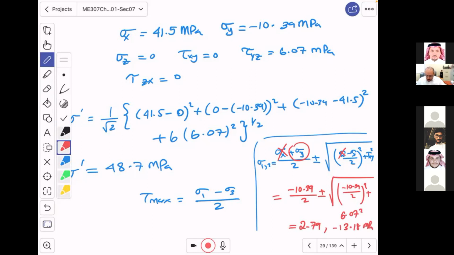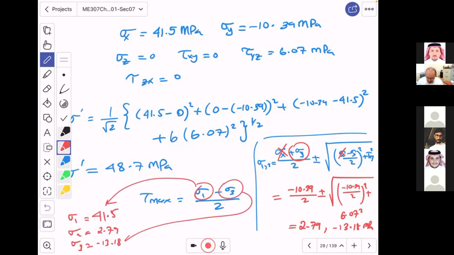So as you see, we have the first principal, which is 41.5. This is sigma 1. Sigma 2 will be equal to 2.79, and sigma 3 is going to be minus 13.18. So you apply this here, and you get the maximum shear, which is going to be 27.3 megapascal.